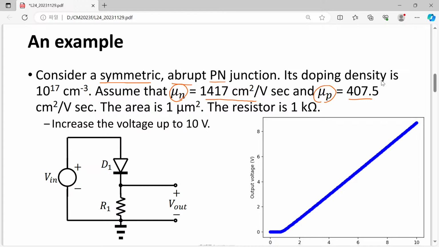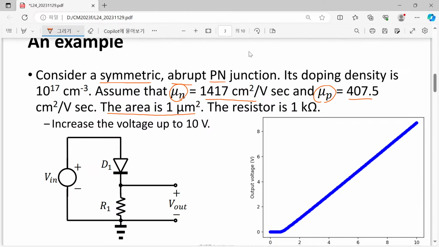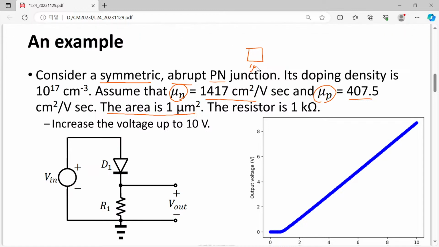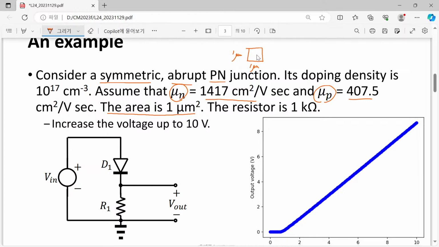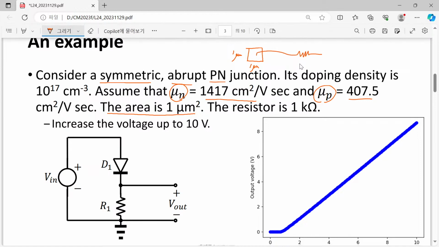However, right now we will just use two constant values for mobilities. The area is 1 square micrometer, so from the top view we have 1 micro by 1 micro, a square, and we want to attach 1 kilo ohm to this PN junction.